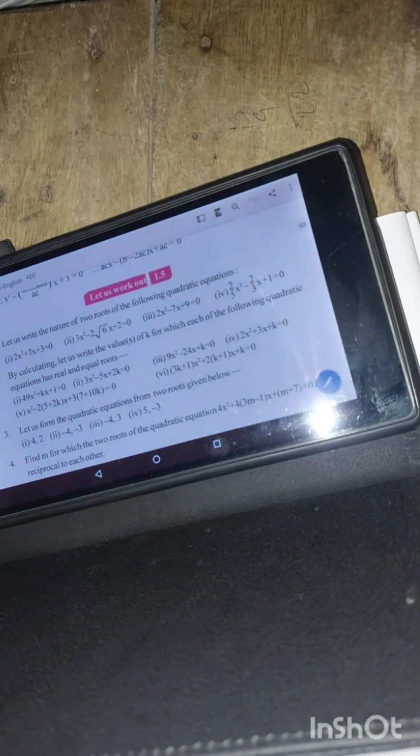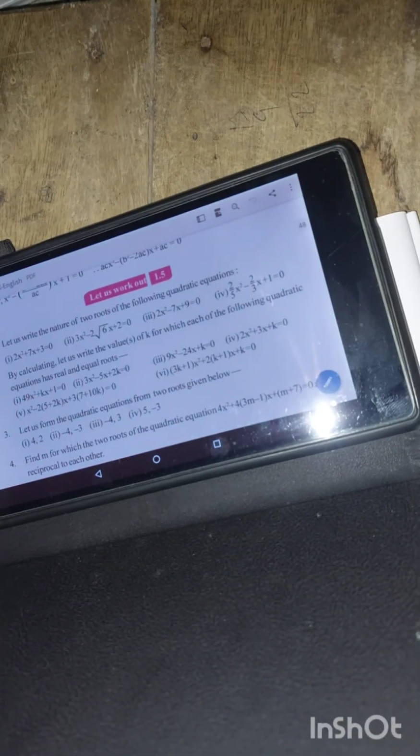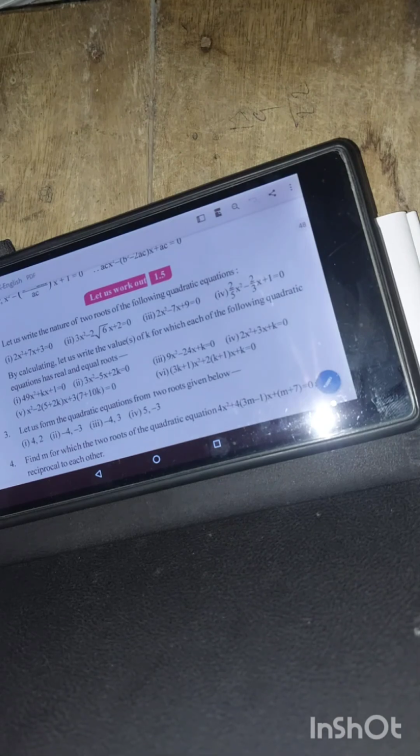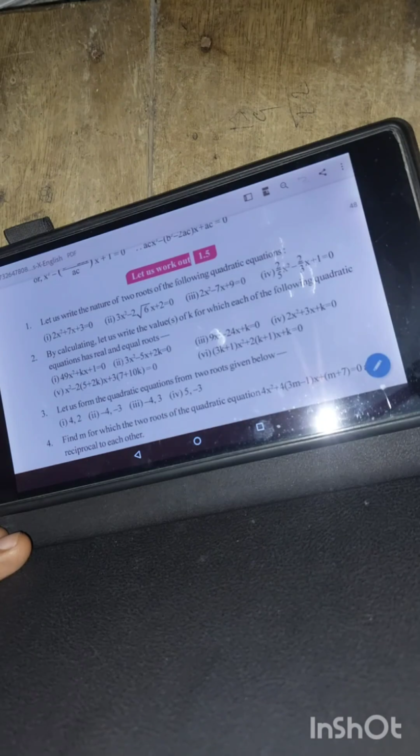Now question 2 says, by calculating, let us write the values of k for which each of the following quadratic equations has real and equal roots.